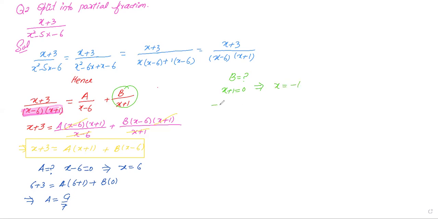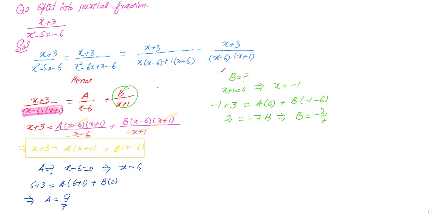You have to replace it over here: −1 + 3 is equal to A becomes 0 and B times (−1 − 6). If I'm not wrong, that becomes 2 equal to −7B. After simplification, I will get the value of B is equal to −2/7.